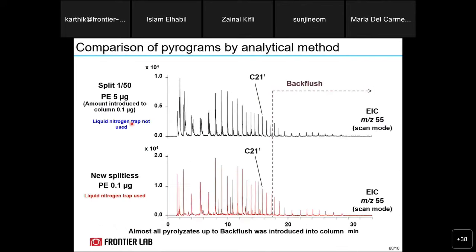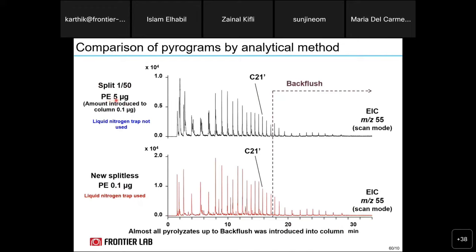Then we have taken this sample. So we are able to see the signal even for 0.1 microgram of polyethylene, versus in split ratio, this is 5 microgram.